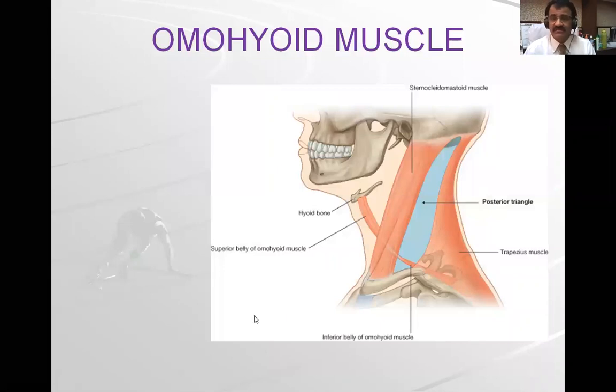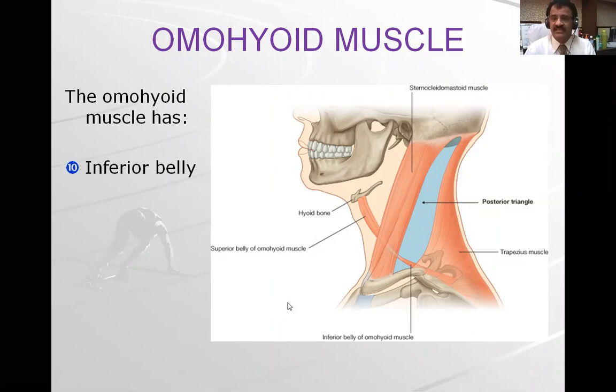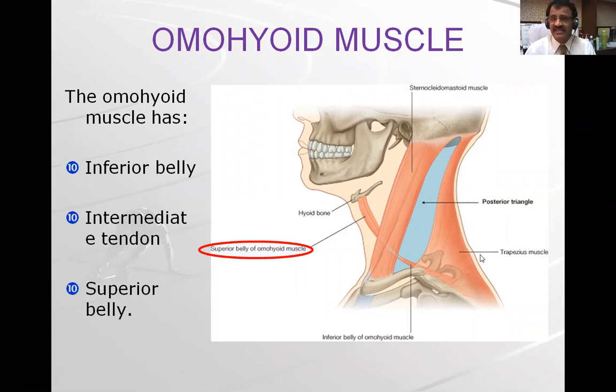Another important muscle in the division of the posterior triangle of the neck is omohyoid. This omohyoid muscle has two bellies, inferior belly and superior belly, and in between the two bellies there is an intermediate tendon.